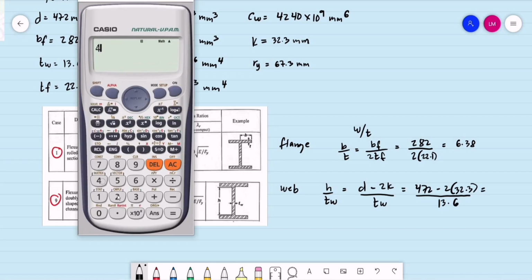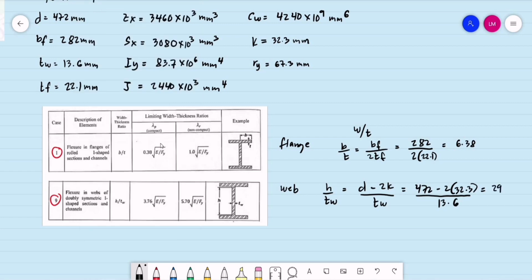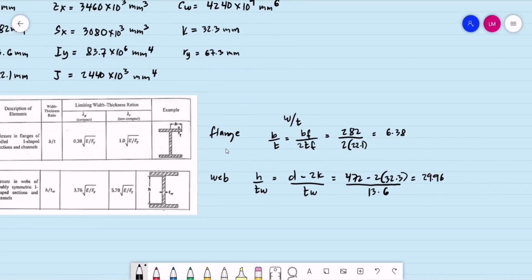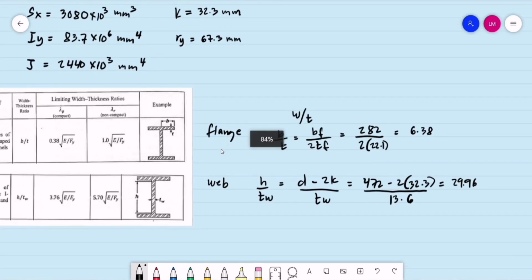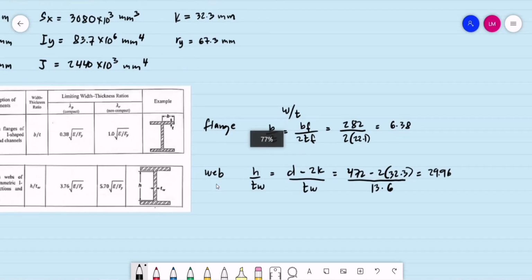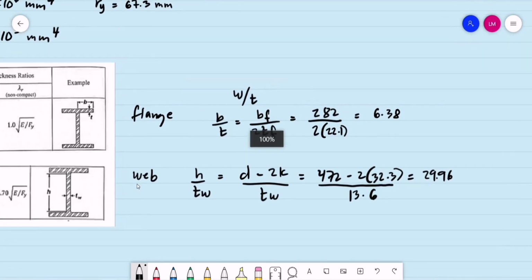So this is 472 minus twice of 32.3, divided by 13.6, and we have 29.96. So these are the slenderness ratios: the slenderness ratio for the flange and the slenderness ratio for the web.